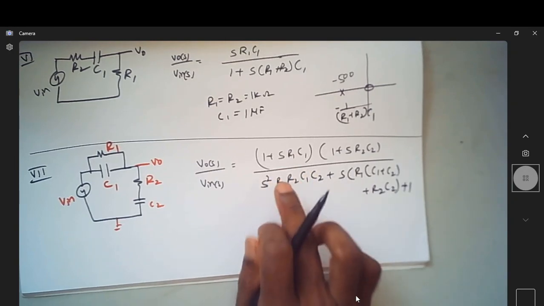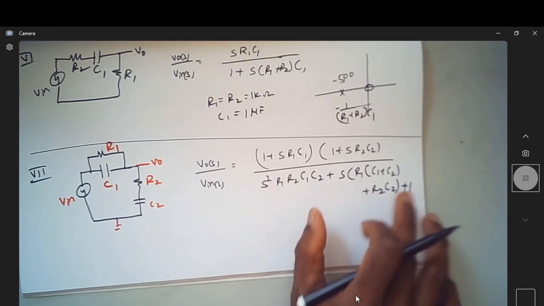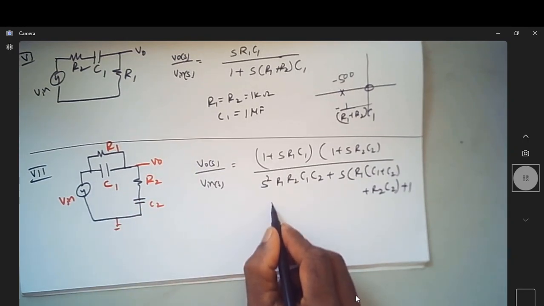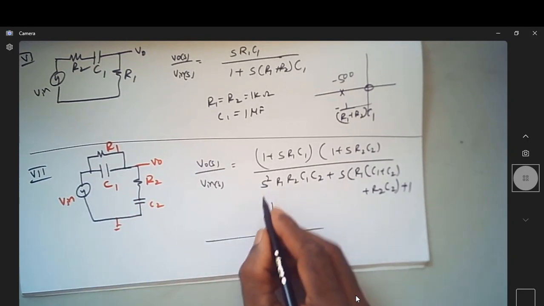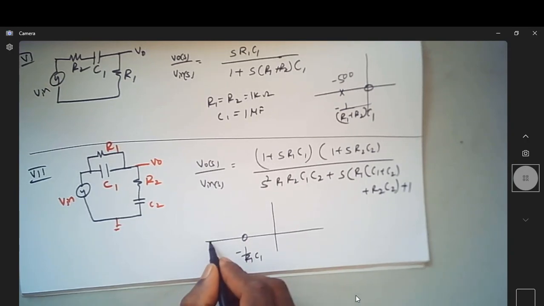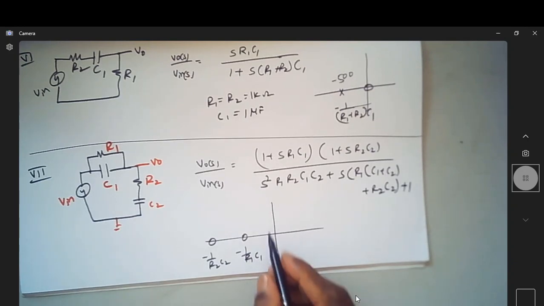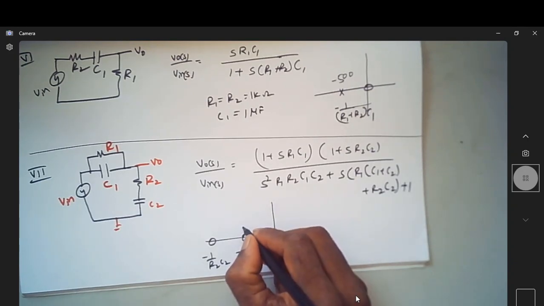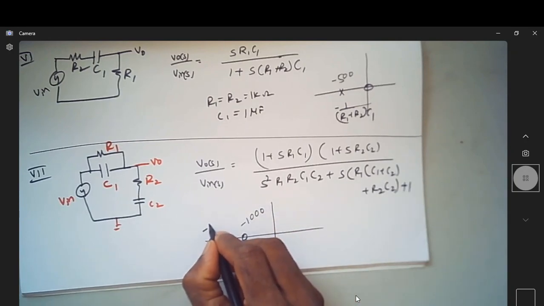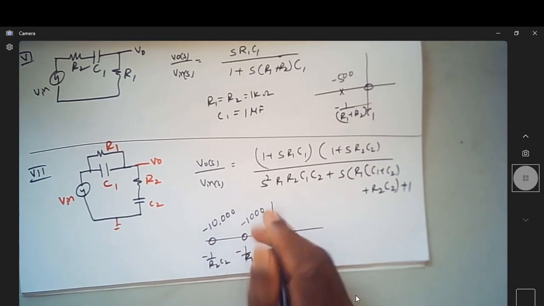Where the pole position is purely depends on the coefficients, which depend on the values of R1, R2. Now it is very clear that I have a zero at minus 1 over R1 C1 and one more zero at minus 1 over R2 C2. Let me keep this at minus 1000 and this at minus 10,000.